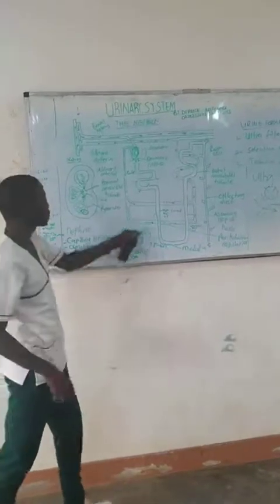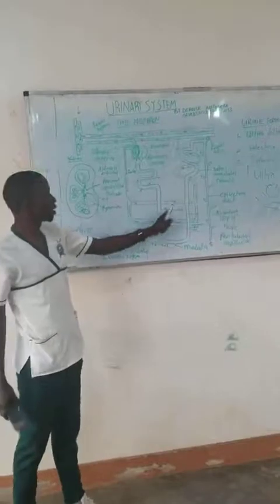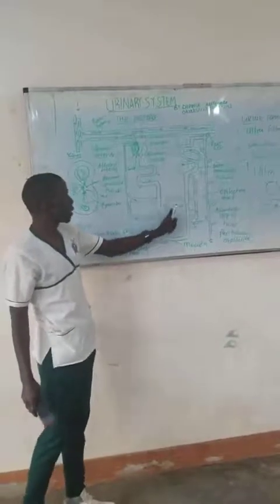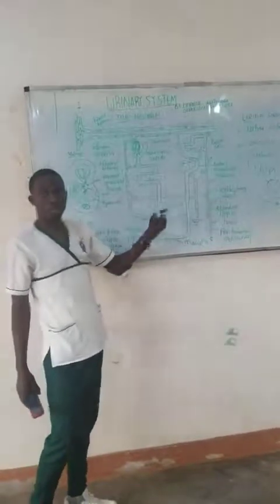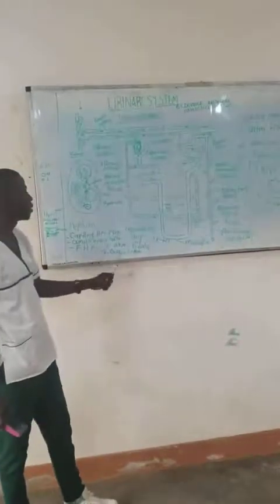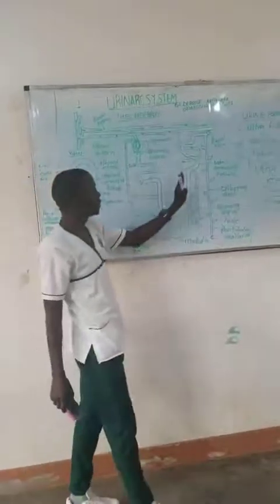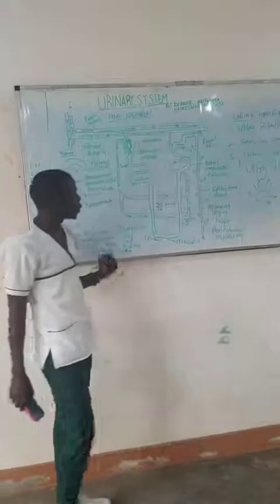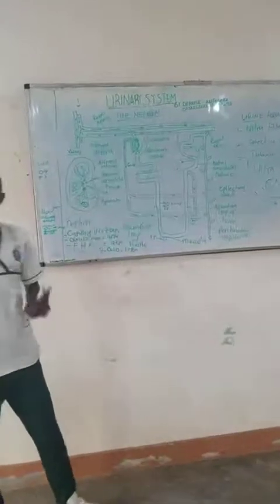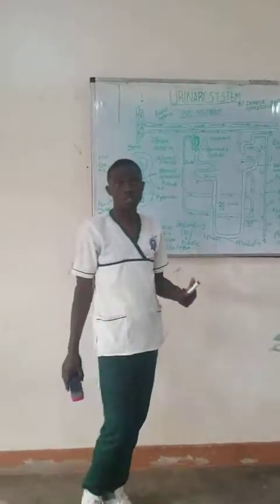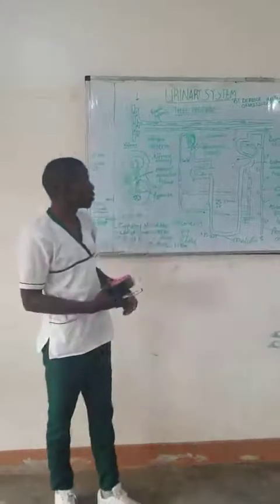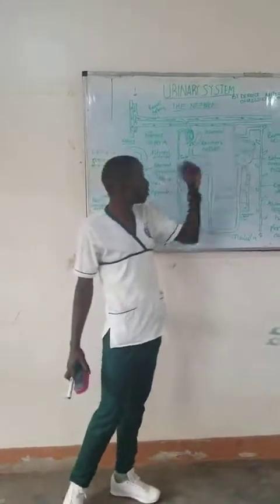So at the descending loop of Henle, we have more water reabsorption, sodium ion reabsorption, chloride ion reabsorption and other electrolytes. Then at the distal convoluted tubule, specifically we have sodium ions and excessive electrolytes. So excessive electrolytes will be absorbed back in the distal convoluted tubule.